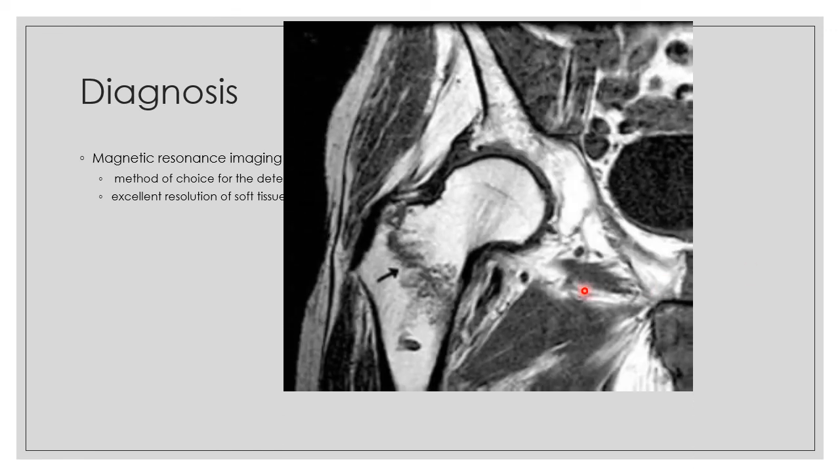In some cases where you don't see anything on x-rays but you suspect there could be a fracture, particularly in this area, a femoral neck or proximal femur fracture, you can see there's a fracture here, but with minimal displacement.